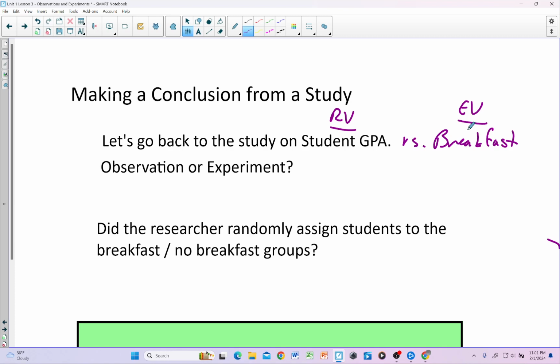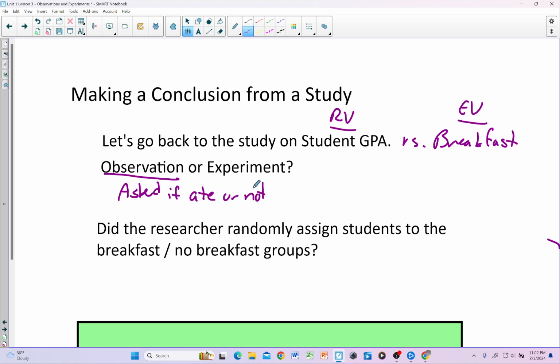But coming in here and flipping a coin, being like, nope, you are not going to eat breakfast for 3 months. That seems tough to pull off in this kind of study. So it's an observation. The researcher just simply asked, or collected data, if they ate breakfast or not.